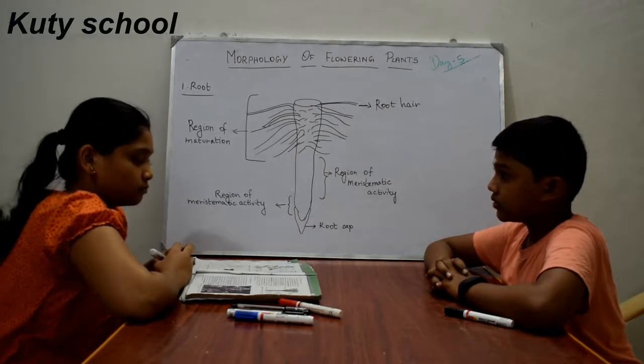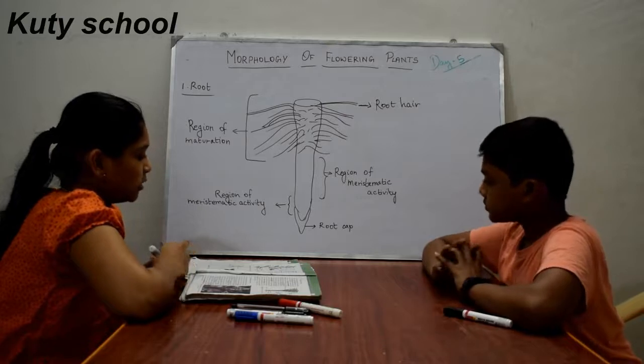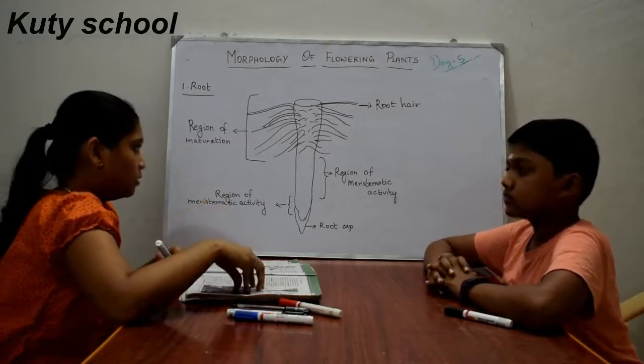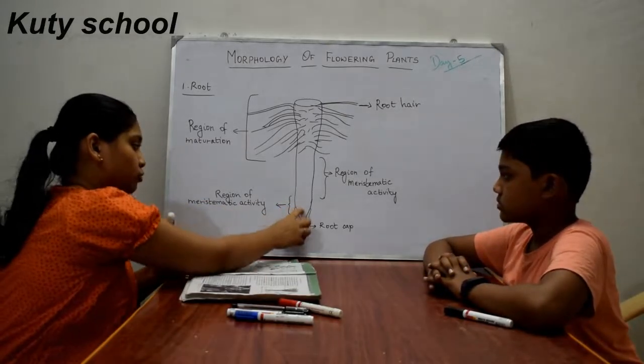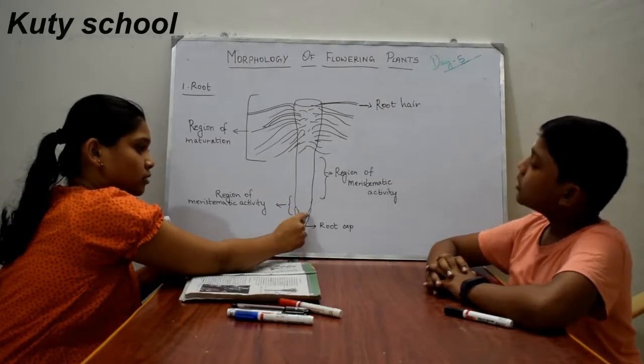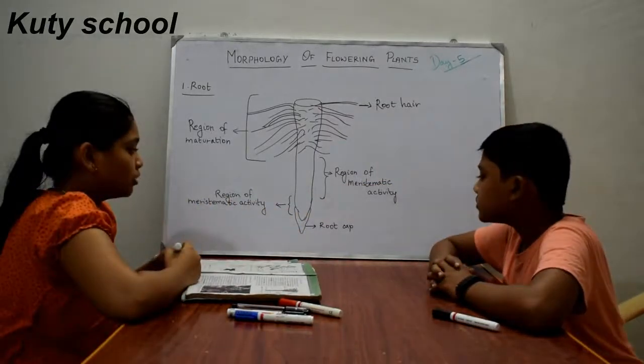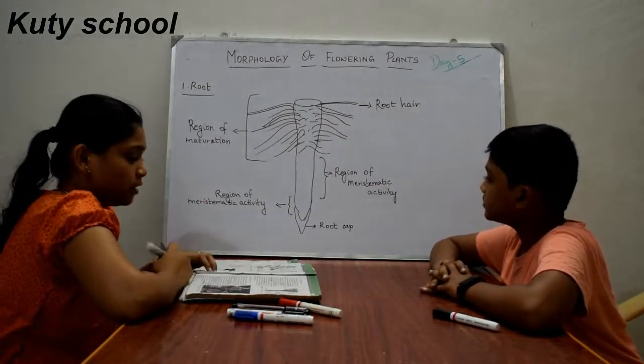As it makes its way through the soil, the primary root can get damaged at the apex, so the root cap protects it from damage.